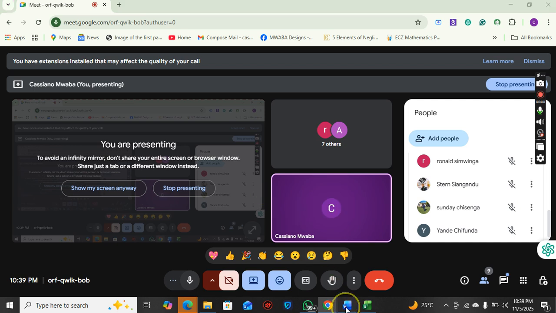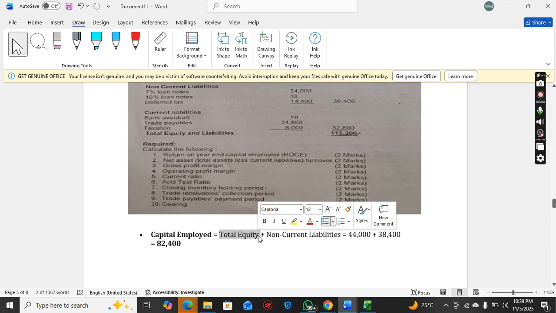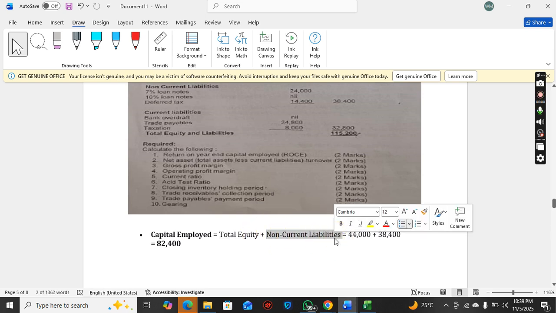So capital employed includes total equity or total capital and non-current liabilities. Okay, colleagues, capital employed is total equity and non-current liabilities. Current liabilities are not part of capital employed.